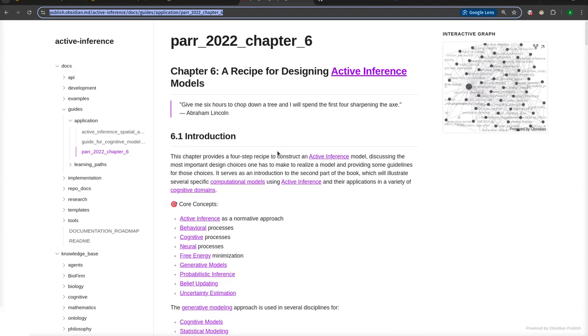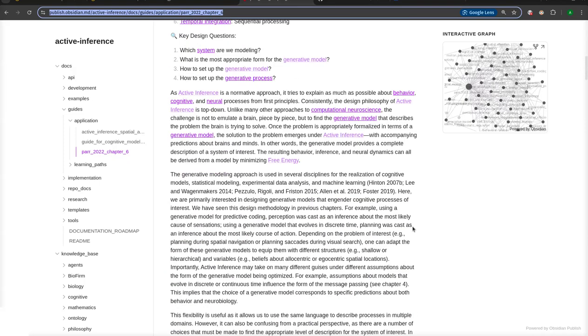So I think that's one of the biggest changes since 2022. As some will remember, before RxInfer, PyMDP, MATLAB, now there are better augmented coding and knowledge engineering tools, code generation tools.